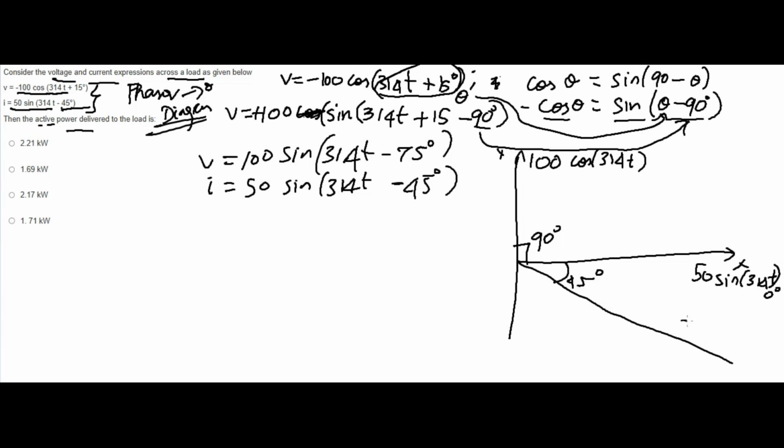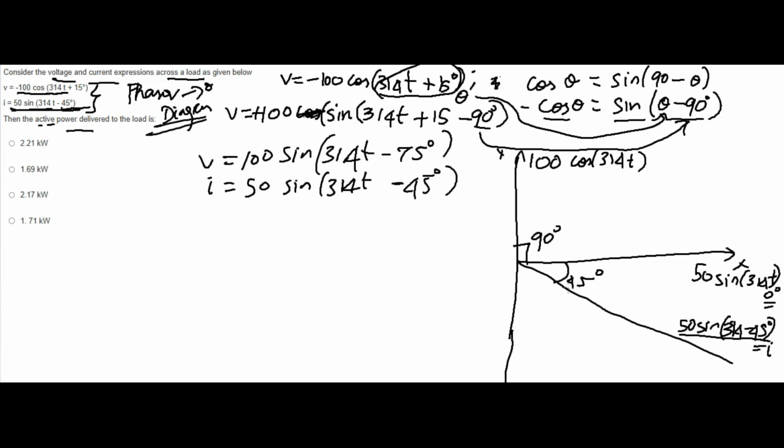So the same thing comes: 50 sine of 314t minus 45, starting from 0 degrees. This is equal to I, because 50 sine of 314t minus 45 is the I. Confirm?